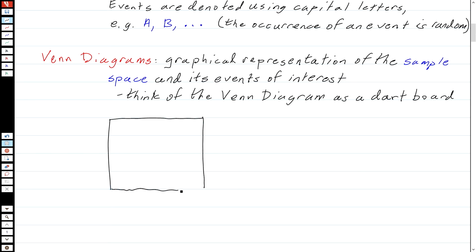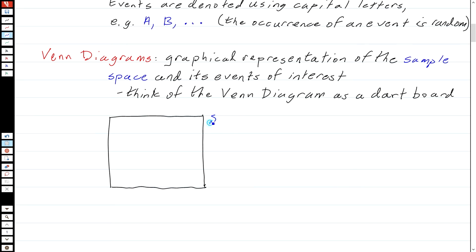And inside that box is all possible outcomes. Okay, so if there were wind speeds, then it's all possible outcomes from 0 to infinity. And I can say, okay, well, there's some subset of this, which I'll call event A, and this is the possibility that wind speeds, for example, are between 20 and 30 kilometers an hour.